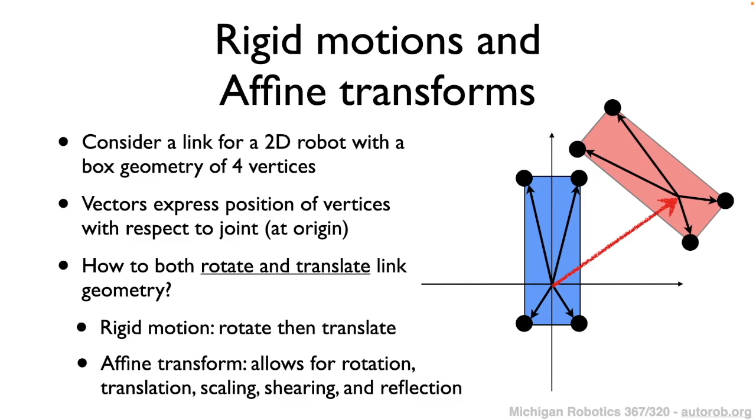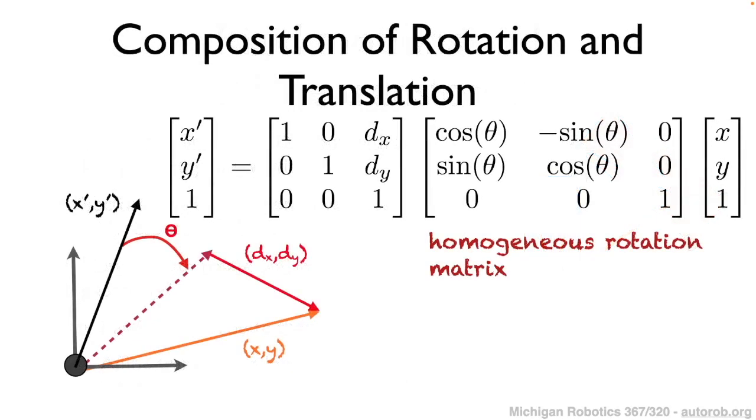And so the way that we can compose these two transformations together is by rotating first and then translating. If we go back to an example here, the way that we can compose these transformations is by simply applying multiple matrix multiplies in sequence. Shown here is the approach of first rotating, which is the first matrix multiply, using our homogeneous matrix for rotation, and then translating by applying our second matrix multiply, which is the homogeneous transformation matrix for translation that we saw.